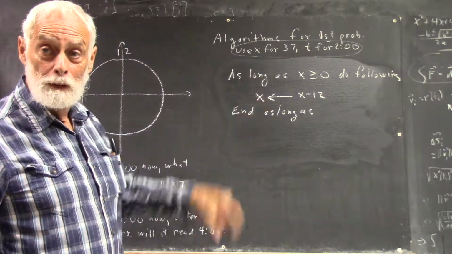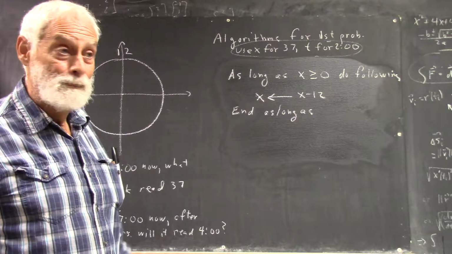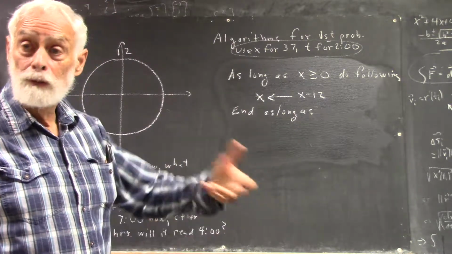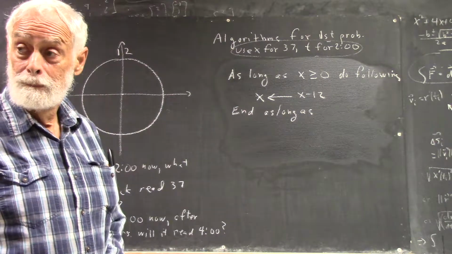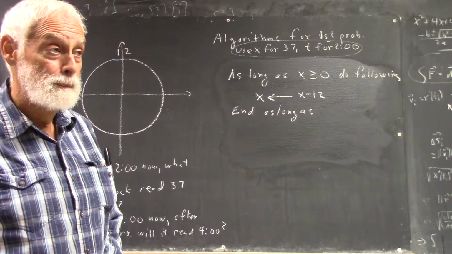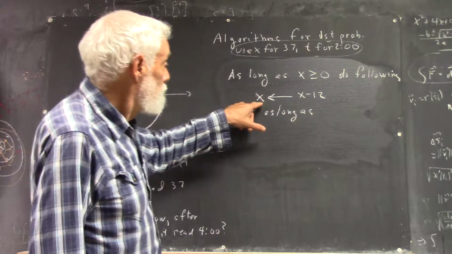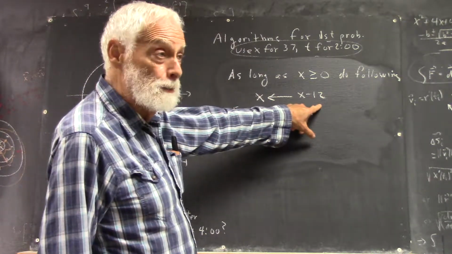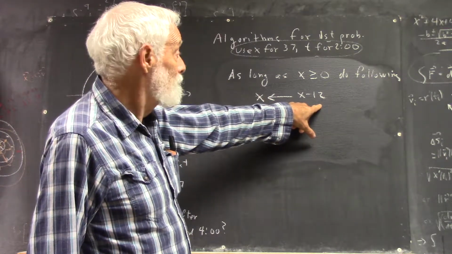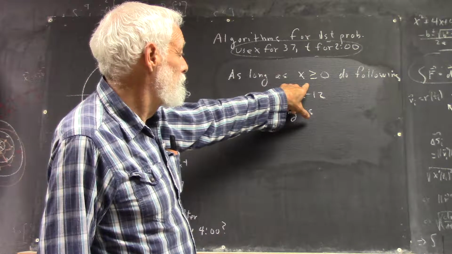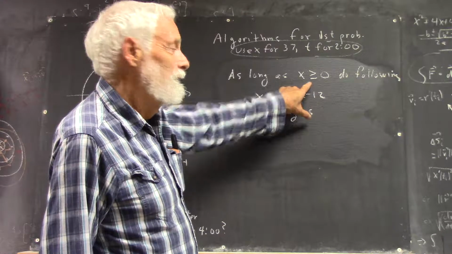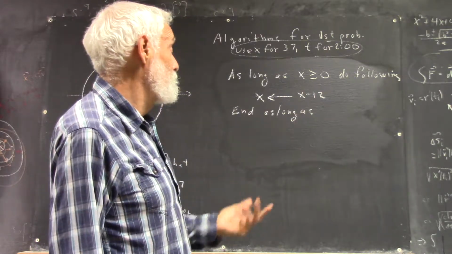So, what do you do? You start with x, which is 37, right? Then what? You calculate x minus 12, and you know, there's still something, because we can end up with a negative x.